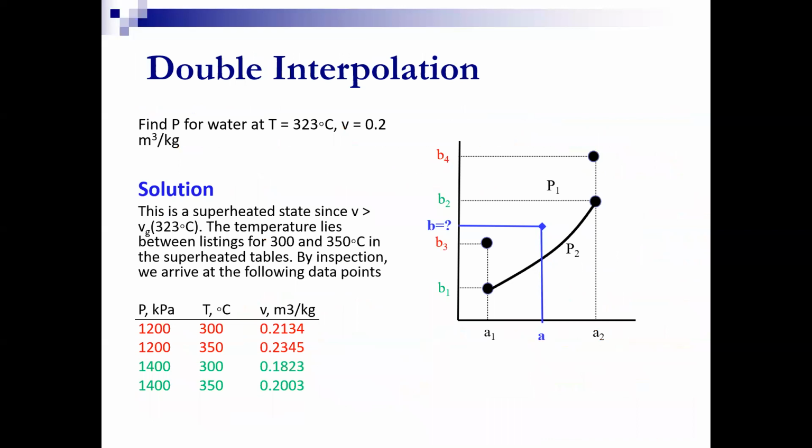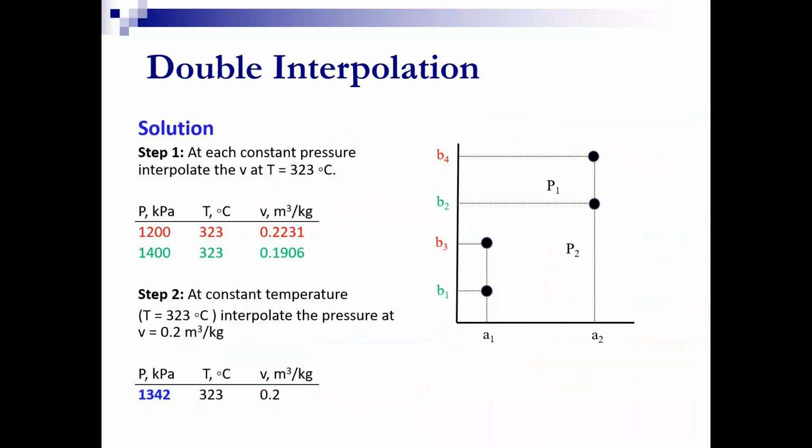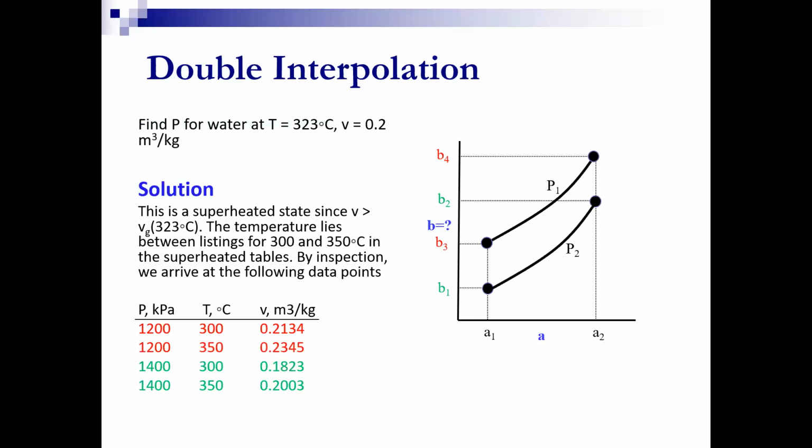Double interpolation is something like this. Here is our problem. Let me give you one example. In this example, we want to find the pressure when the temperature of the water is 320 degrees Celsius and the specific volume is 0.2 cubic meter per kilogram. What we do is this.